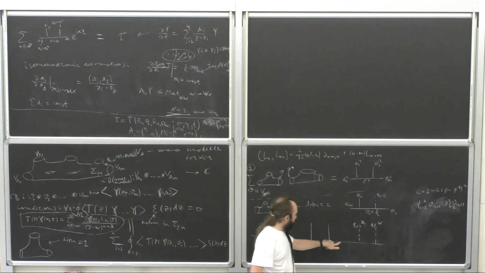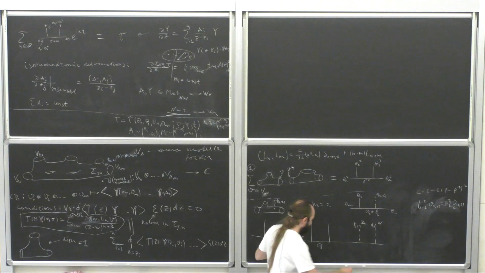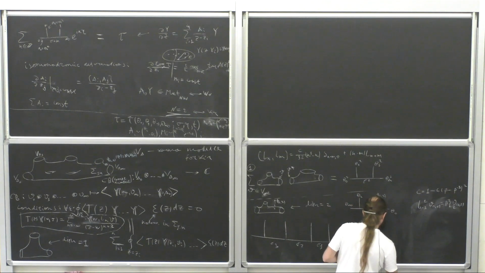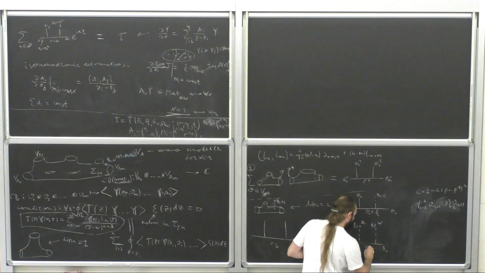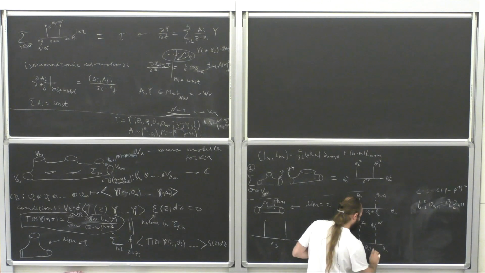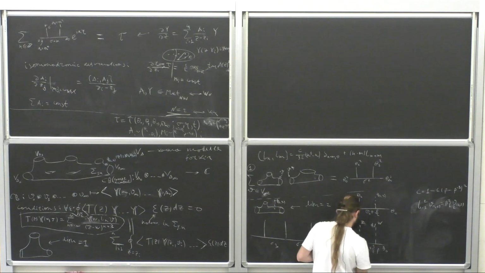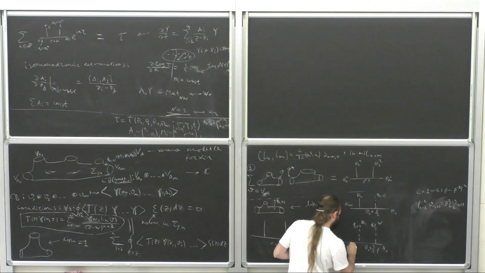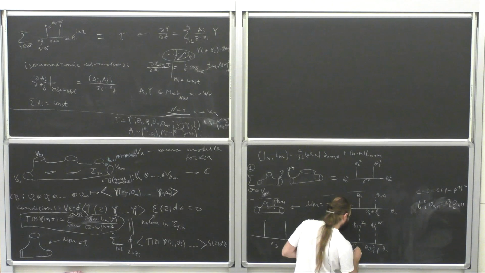We know that originally we have some theta 0, theta 0 plus s over 2 beta, theta 0 plus s plus s prime, maybe minus s prime over 2 beta.